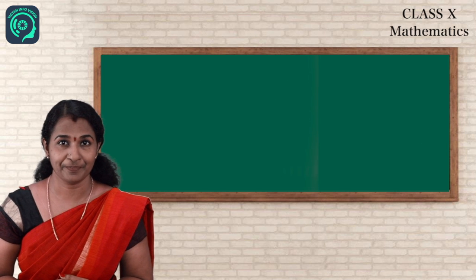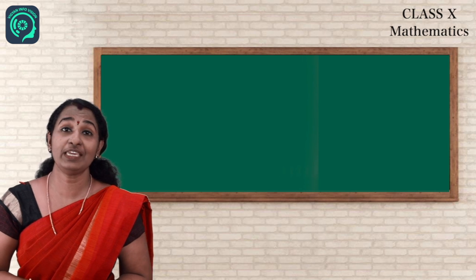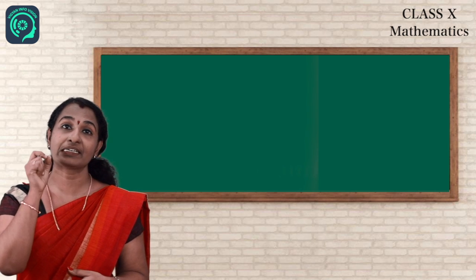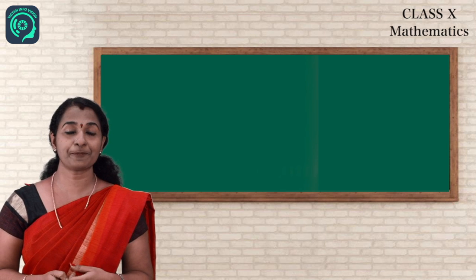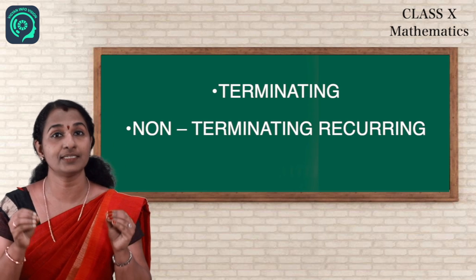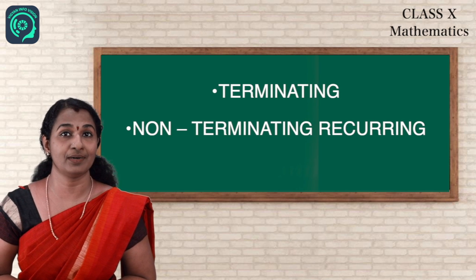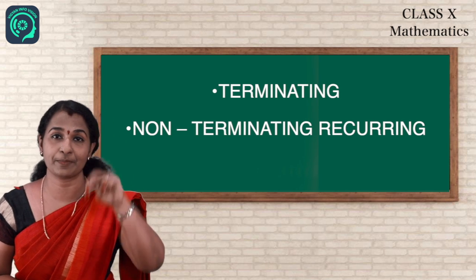Do you remember? Yes. So here, without doing the long division method, we have a theorem which clearly says that the decimal expansion can be either terminating or non-terminating recurring. So, our rational numbers have two types of decimal expansions.